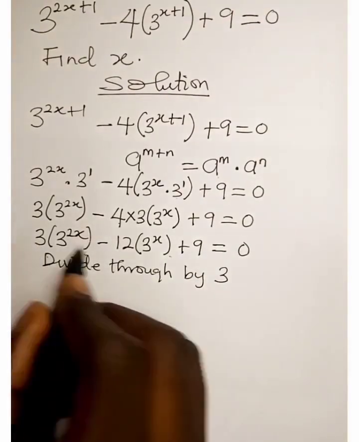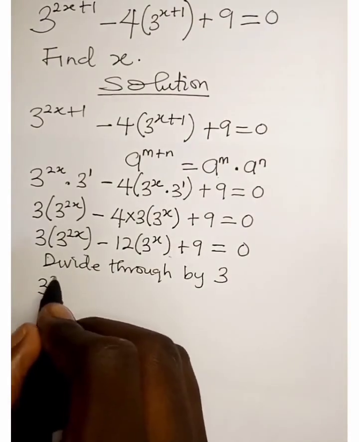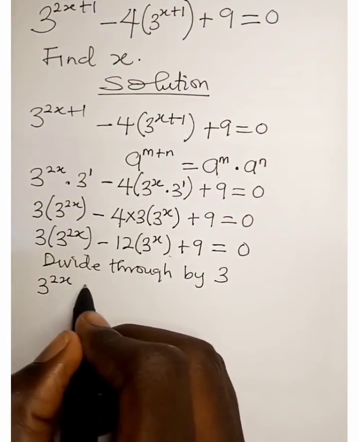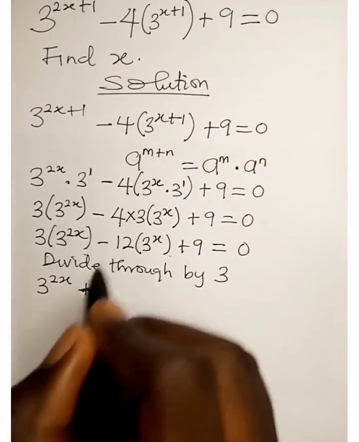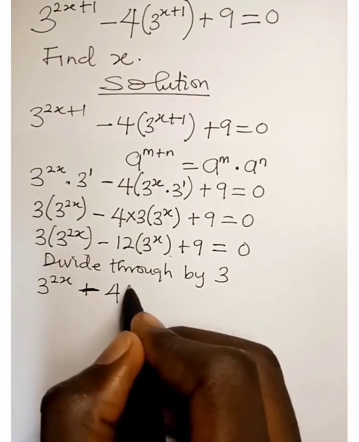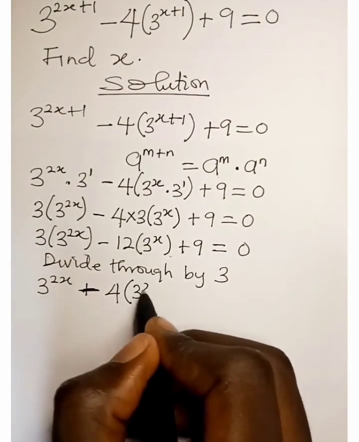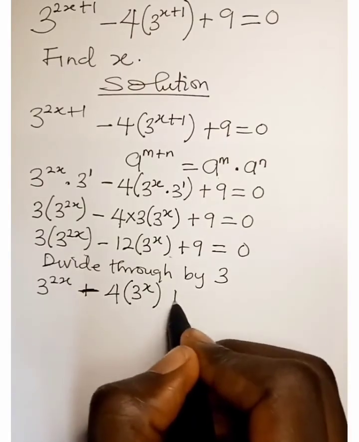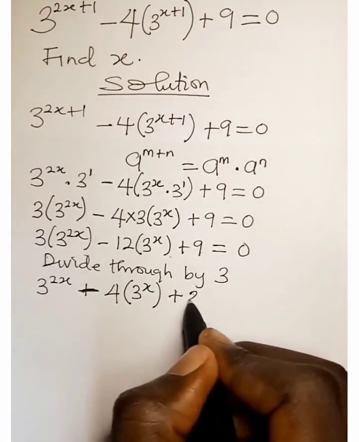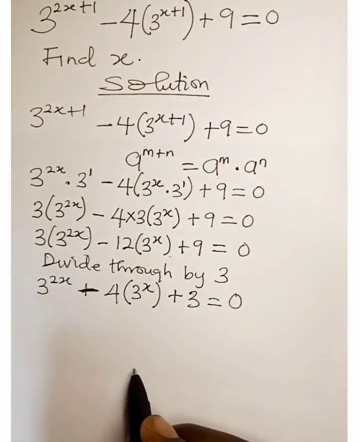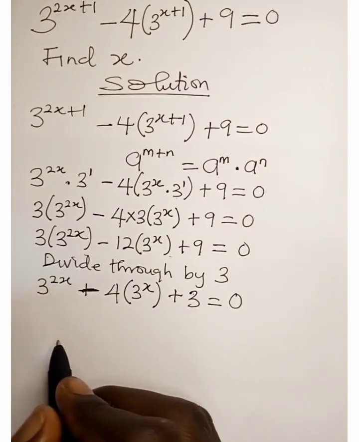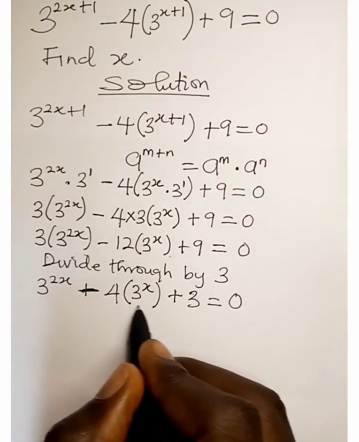If 3 divides here, I will be left with 3 raised to power 2x, minus, here 3 divides here, I'm going to have 4 into 3 raised to power x. Then 3 divides here, I will be left with 3, equal to 3 divided by 0, I will be left with 0.